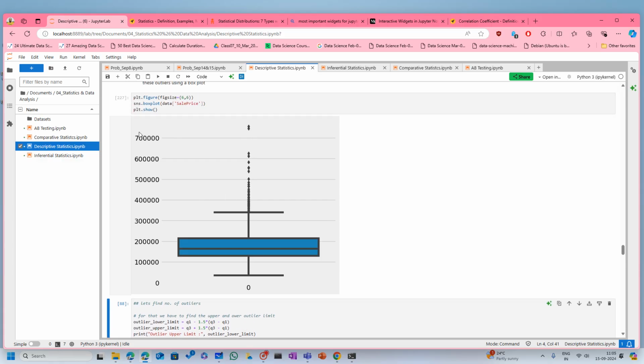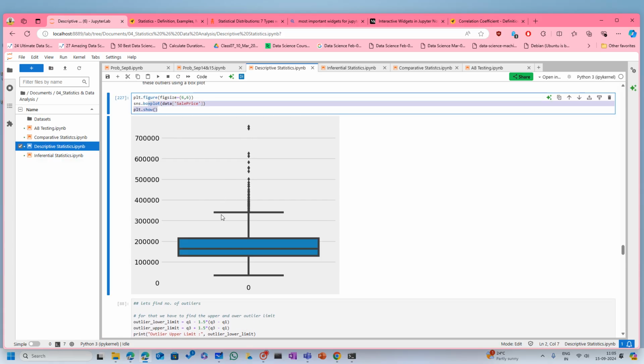By plotting this box plot, what we can see is that up until this point the points were within the IQR range. We call them normal data points. Anything after this line is an outlier.